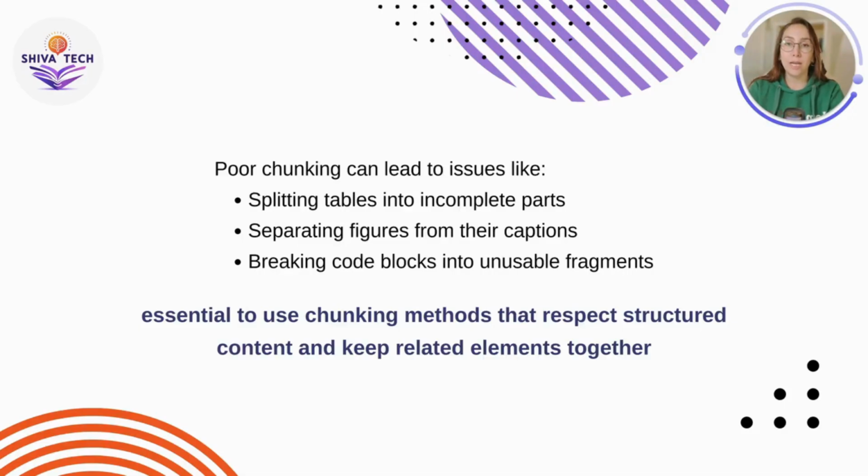Another case, you have long code blocks, and when you break them with poor chunking, parts of it would be fragmented code that is completely unusable. That's why it's essential to use proper chunking methods that respect this type of structured content in your document and keep the semantic relationship between these elements together.